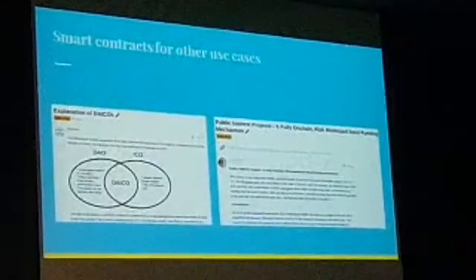The idea is that the ICO happens, but instead of the funds going to the developer, they go into a smart contract, and the participants, the people who contributed the money, get to vote on how quickly the developers get the money, and they can also vote to cancel the whole thing and refund the rest of the money proportionally to themselves.